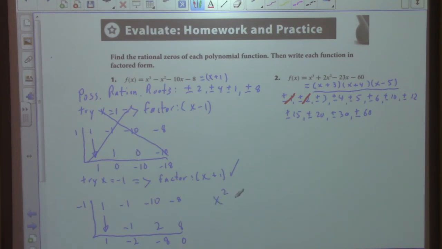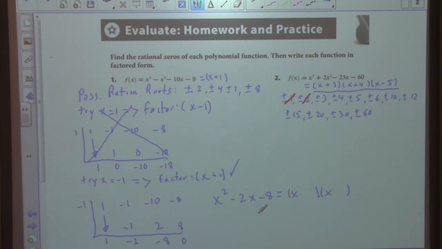And so what do we have left here? Well, we have x squared minus 2x minus 8. And what is the factored form of this thing? We know it's x and x. You have to add up to what, or multiply to what? Negative 8? What's going to be the factored form of this?